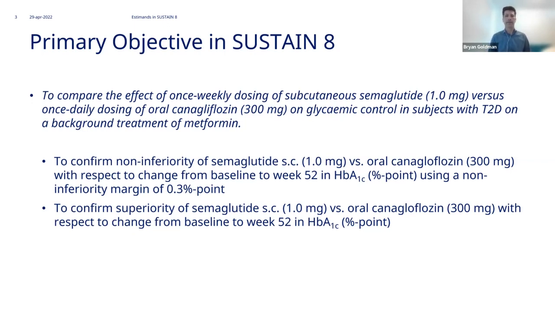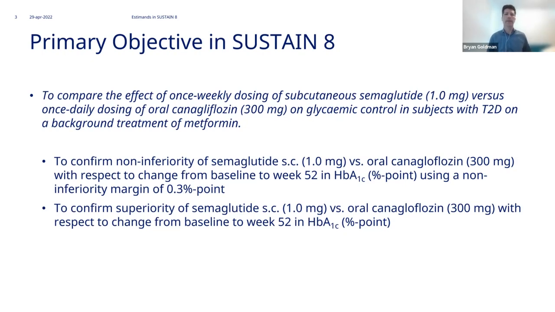We had set out to compare the effect of semaglutide against this competitor product on glycemic control, which is typically measured using a blood glucose measure called HbA1c, in subjects with type 2 diabetes.